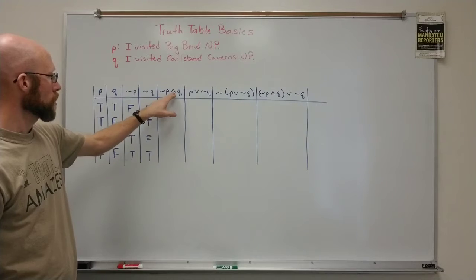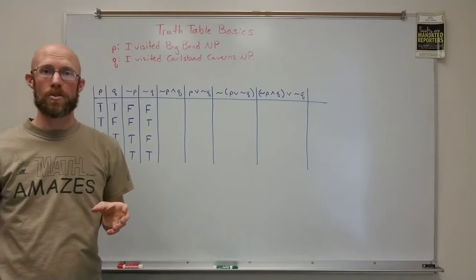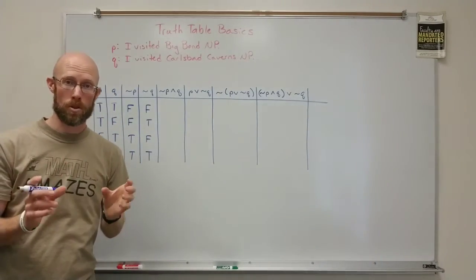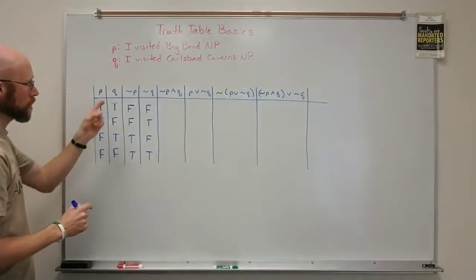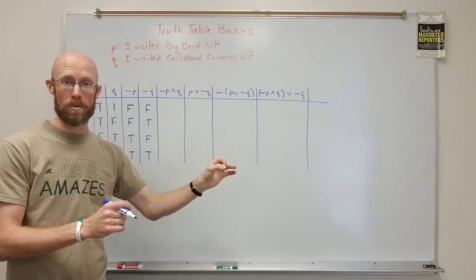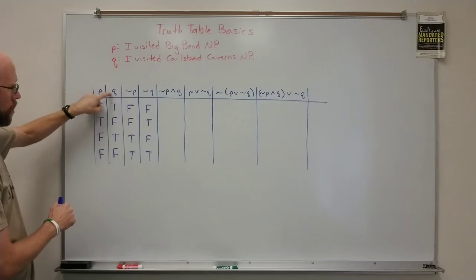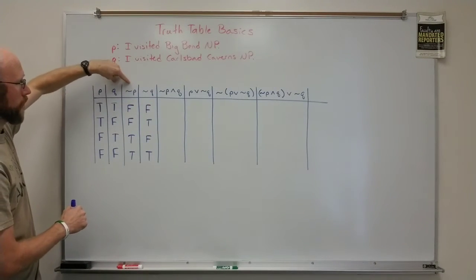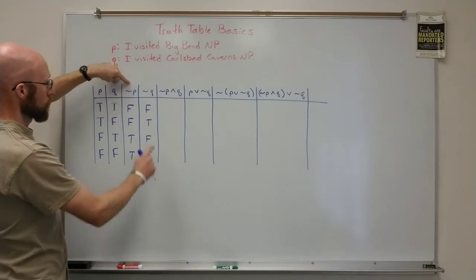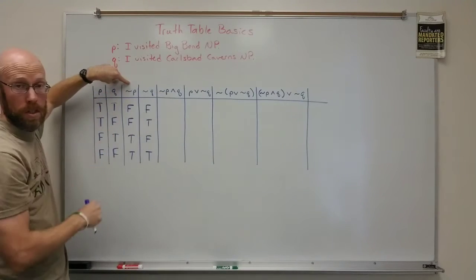Now we have a conjunction, an and, right? And remember, ands are only true when the 2 simple statements are both true, okay? Well, here, my simple statements are not just P and Q, it's actually not P and Q, right? The not goes with P, so it's the not P and Q. So it's these 2 columns I'm picking for the conjunction. And so what I need is both of them to be true in order for the conjunction to be true.